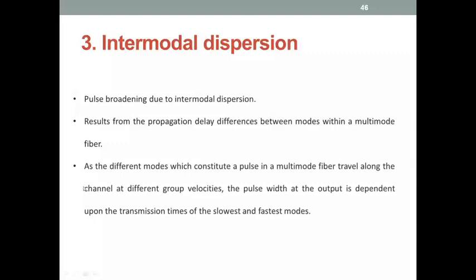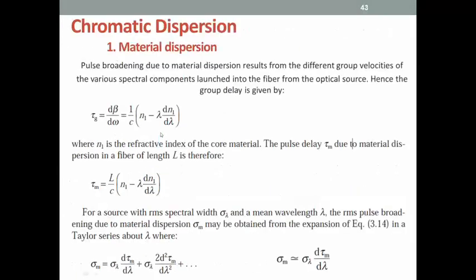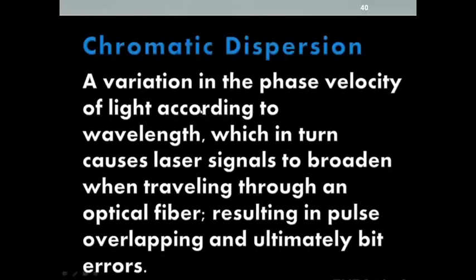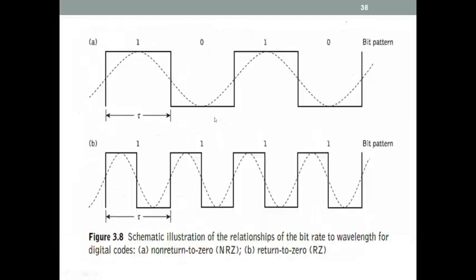So there is the possibility that all the red signals might not align with the blue signals or any other colors. So this is where we come to an end of intermodal dispersion and waveguide dispersion. Remember, this is a very important expression which you need to remember and derive. Alright, thank you so much.